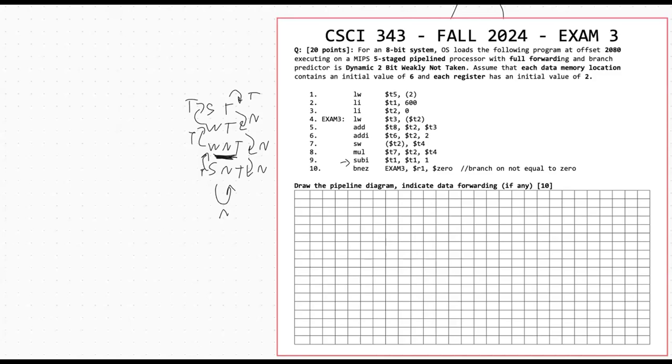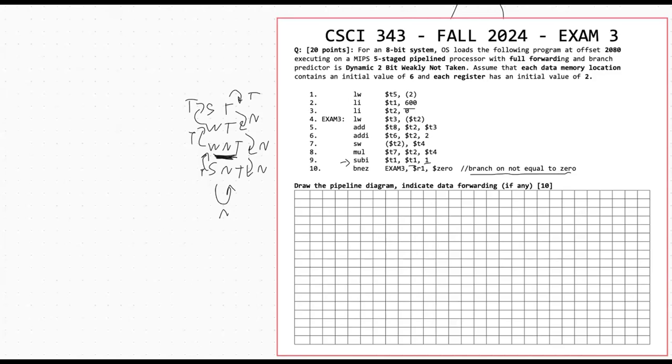So every time we do this loop, we start at 600 and decrement down by 1. So we're going to start at 600, then 599, 598, etc., until what point? Branch on not equal to 0. We will continue branching until we do equal 0. Because of that, we know that this is going to run 600 times. It's going to keep going and going until we finally get to 0. At that point, we're going to stop.